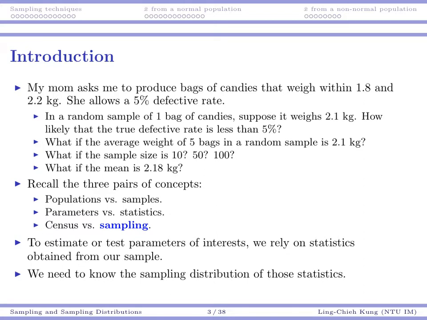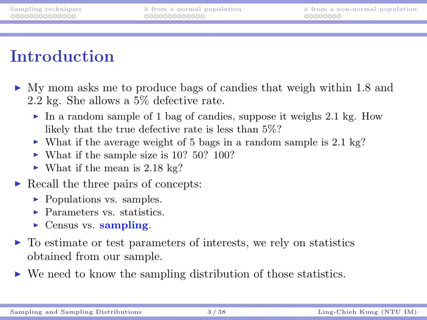But of course, my mom is not me, and she does not know what the real defective rate is. So whatever number of bags I produce, my mom can check whether the defective rate is really under control.